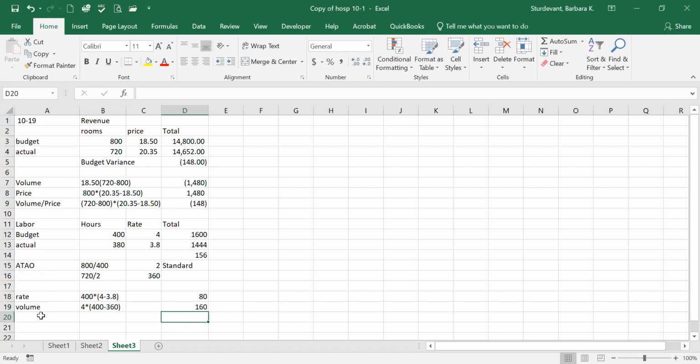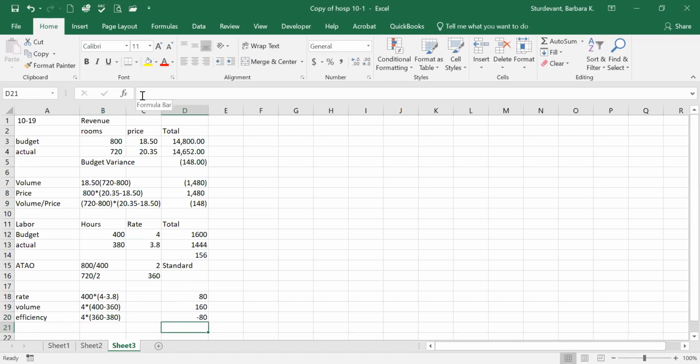And then this is the big one right here. We want to know how efficient we were. So in your parentheses is your ATAO minus your actual. And then it's going to be times your budgeted other, which in this case is your hourly rate. Okay, so we're not efficient.